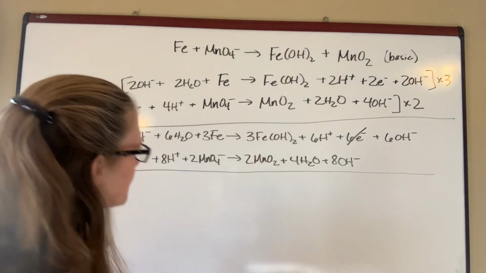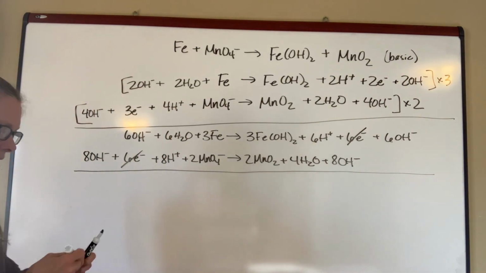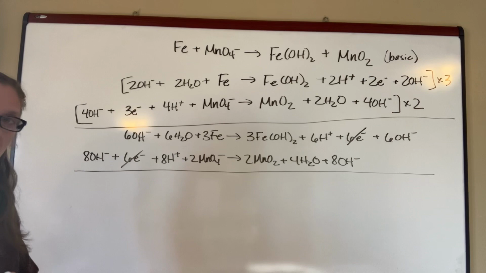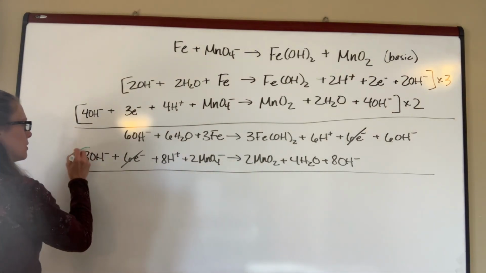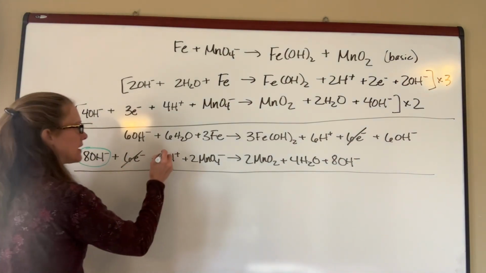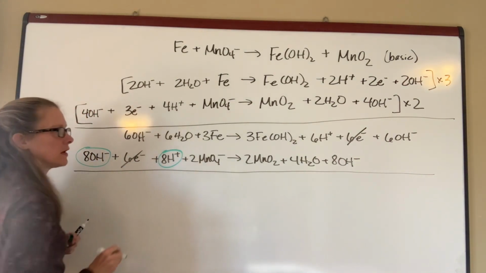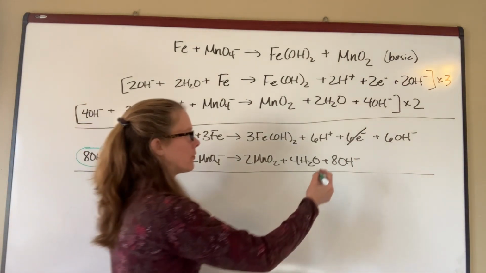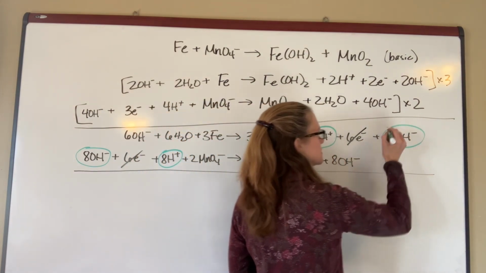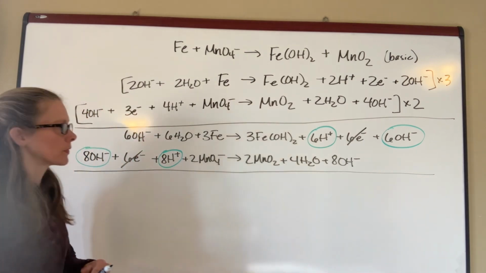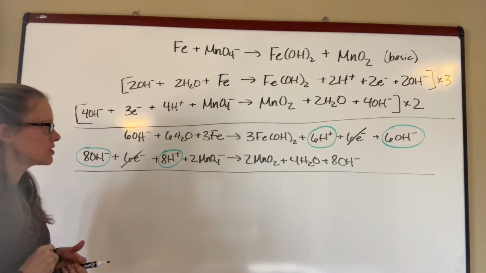Well, if you remember, I told you that hydrogen ions and hydroxide ions add together to make water. So here I have 8 hydroxides and 8 hydrogens on this side. And then over here, I have 6 hydrogens and 6 hydroxides on this side. Okay, so I'm going to combine those together.